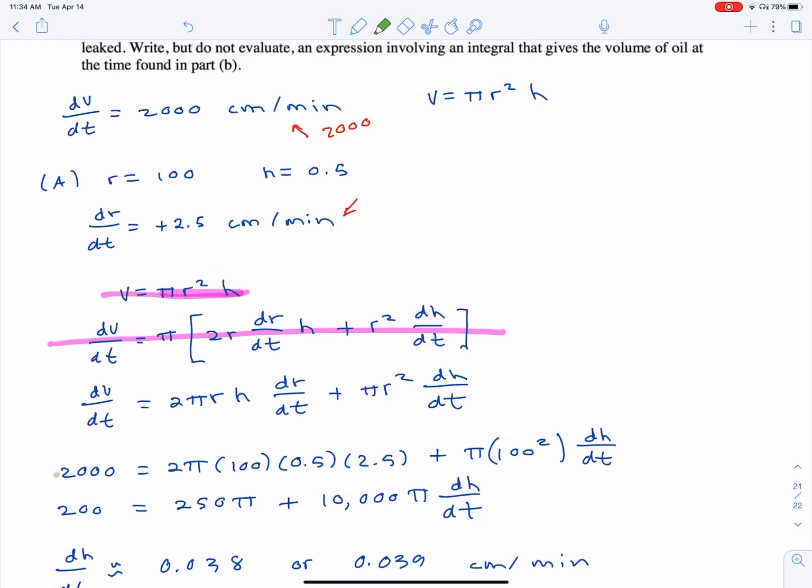Okay, so let's put it together because they asked us to justify our work here. So what I'm going to say is, since the rate of change of the amount of oil in this lake is given by this function, then I can do my analysis.